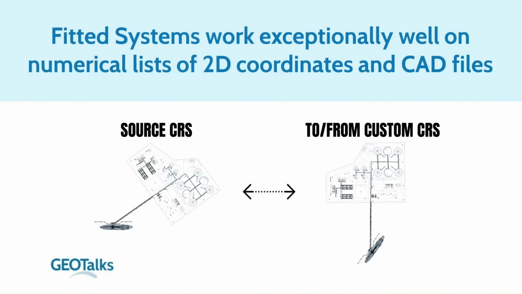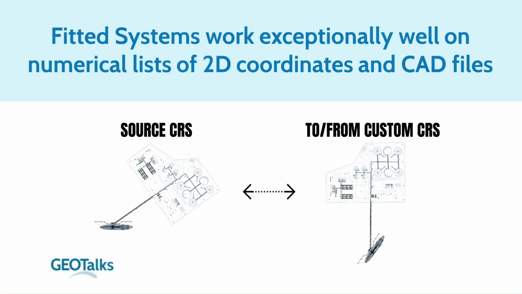And the reason they've evolved over the years, and the reason we make them, is this: they work exceptionally well on lists of 2D coordinates and CAD files. See, the beauty of fitted systems is that if you have the data, that transformation using the fitted system can be more accurate than going through a projection, especially for some of these older local plant grids, these older custom coordinate systems.